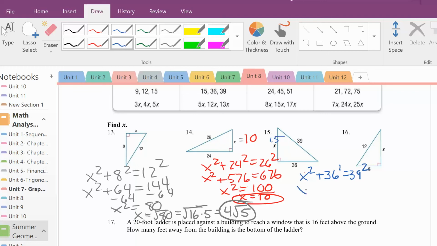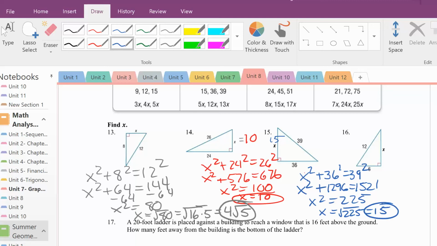But if we do the math still, 36 squared is 1,296. 39 squared is 1,521. When you subtract, you get 225, and you take the square root of 225, which is 15.